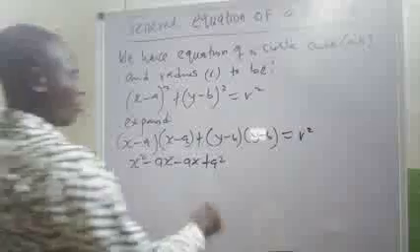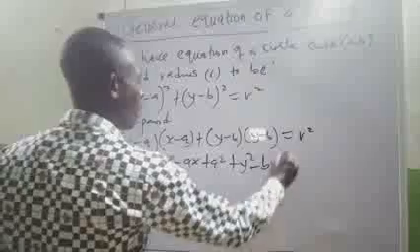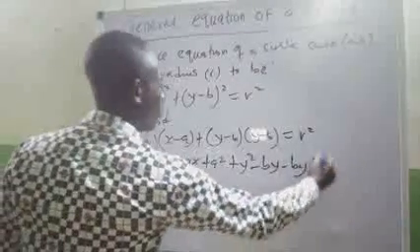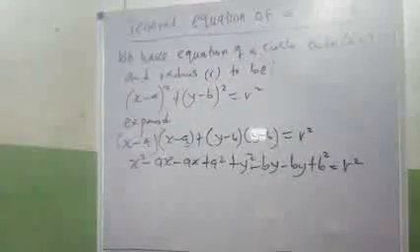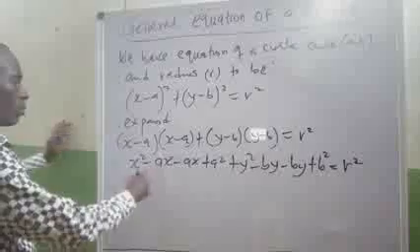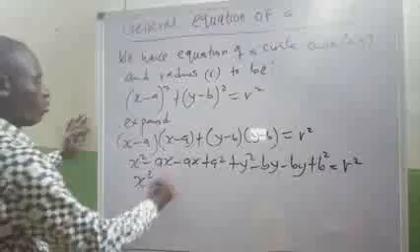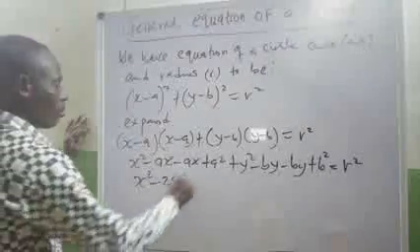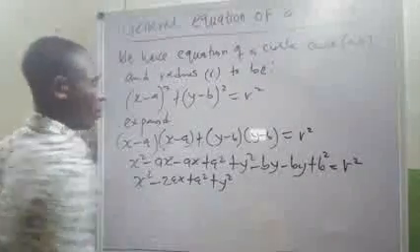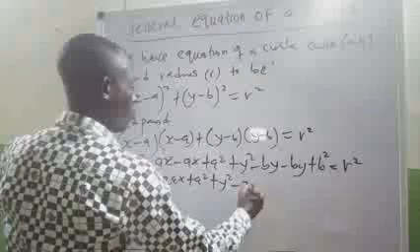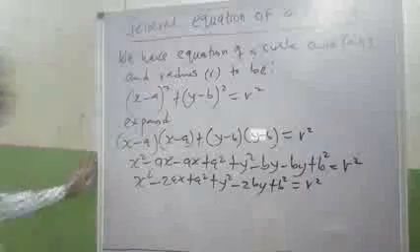The same way, if we open this, we are going to have y squared minus by minus by plus b squared is equal to r squared. So you have x squared minus 2ax plus a squared plus y squared minus 2by plus b squared is equal to r squared.